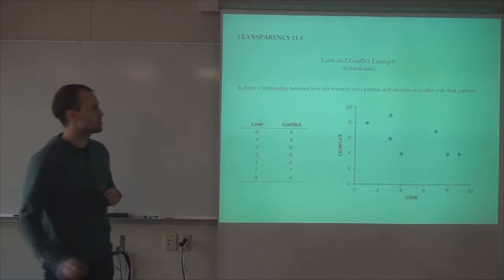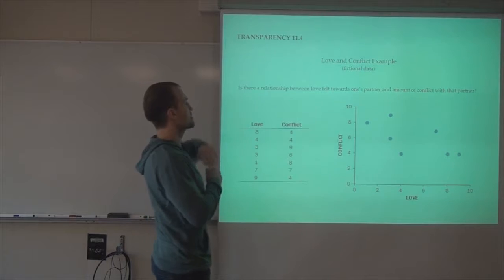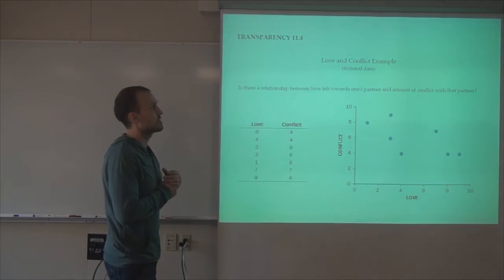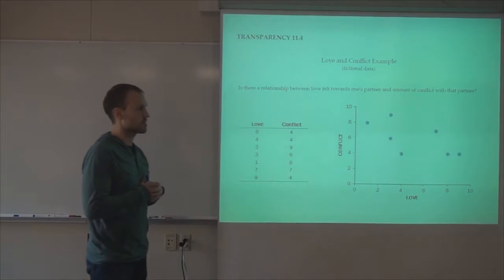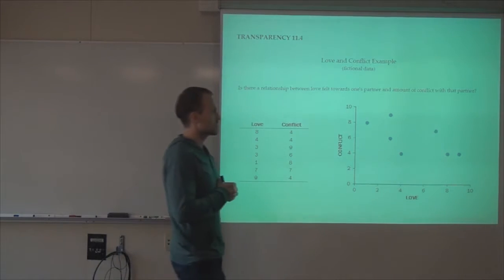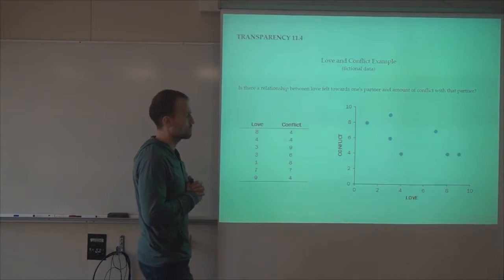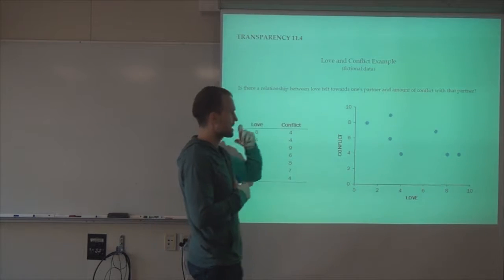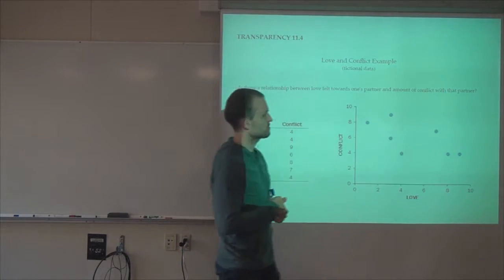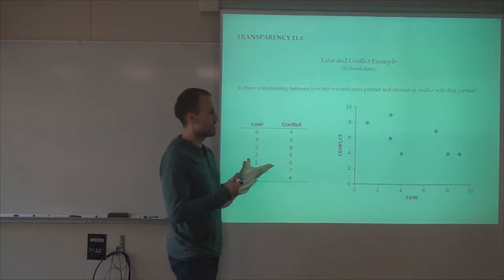The other example that we'll focus on is the love-conflict example, where the question is, is there a relationship between the love felt towards one's partner and the amount of conflict with that partner? So, in a sample of 7 people, we rate the love and we rate the conflict, and we get this scatter diagram. Now, because I don't have a very big sample, I can't say for sure.